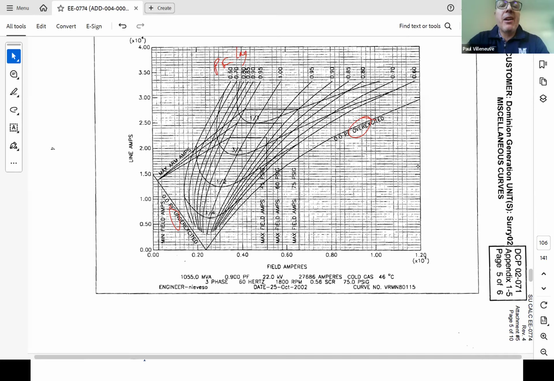This would be a lagging power factor, and this would be a leading power factor. Over here you see a quarter, a half, 3/4. I don't know why they didn't call this 4 to 4, it seems confusing.